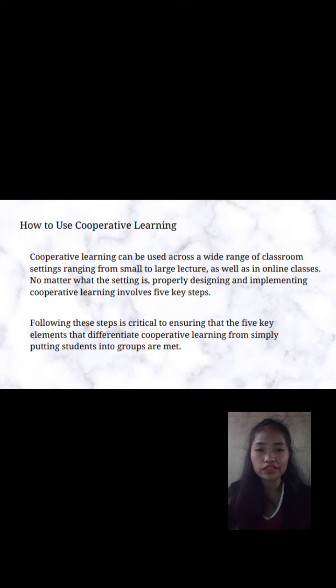To use cooperative learning: cooperative learning can be used across a wide range of classroom settings, ranging from small to large lecture as well as in online classes. No matter what the setting is, properly designing and implementing cooperative learning involves five key steps. Following these steps is critical to ensuring that the five key elements that differentiate cooperative learning from simply putting students into groups are met.